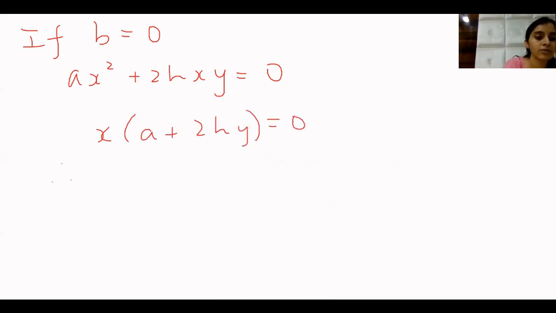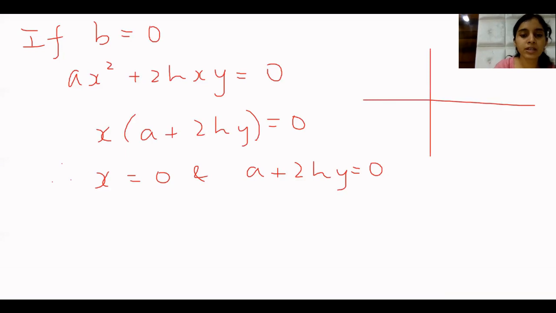Therefore we have two lines, x equal to 0 and ax plus 2hy equal to 0. So in diagrammatic form, x equal to 0 is basically the y-axis. So one equation is the y-axis, and the second equation ax plus 2hy is passing through the origin.